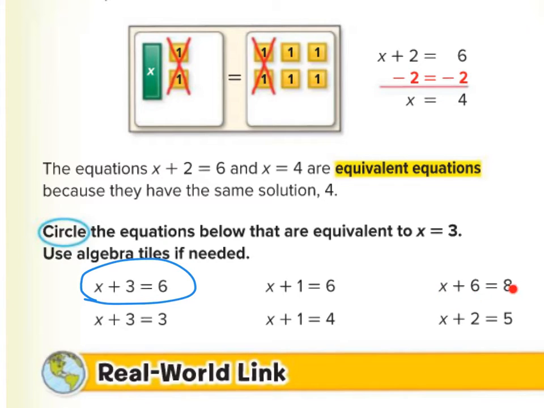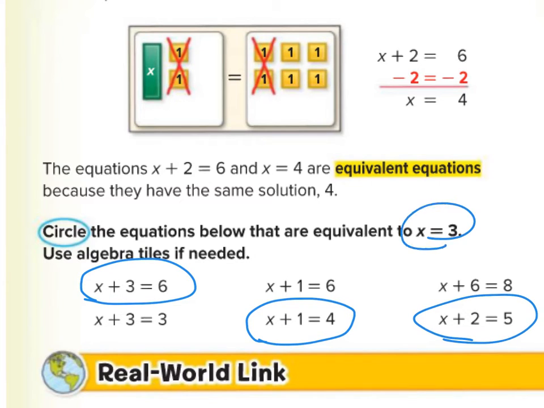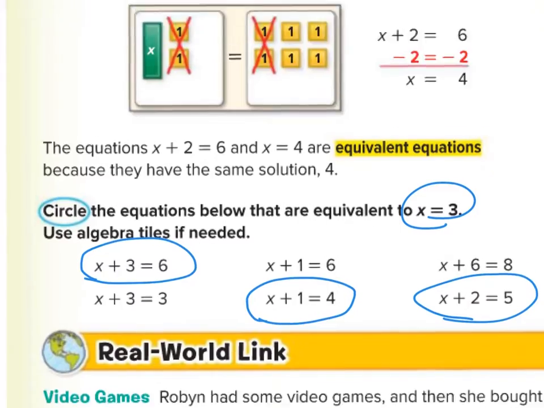No, 3 plus 6 is 9. 3 plus 3 is 3? No. 3 plus 1 is 4. That one is true. Remember, x is 3. We're making those equal. And then x plus 2, or 3 plus 2 equals 5. Okay, there we go. Let's keep going down.